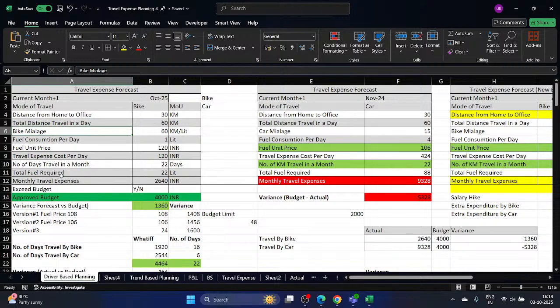Here the total fuel required would be same like 22 days, so 22 liter fuel would be required.